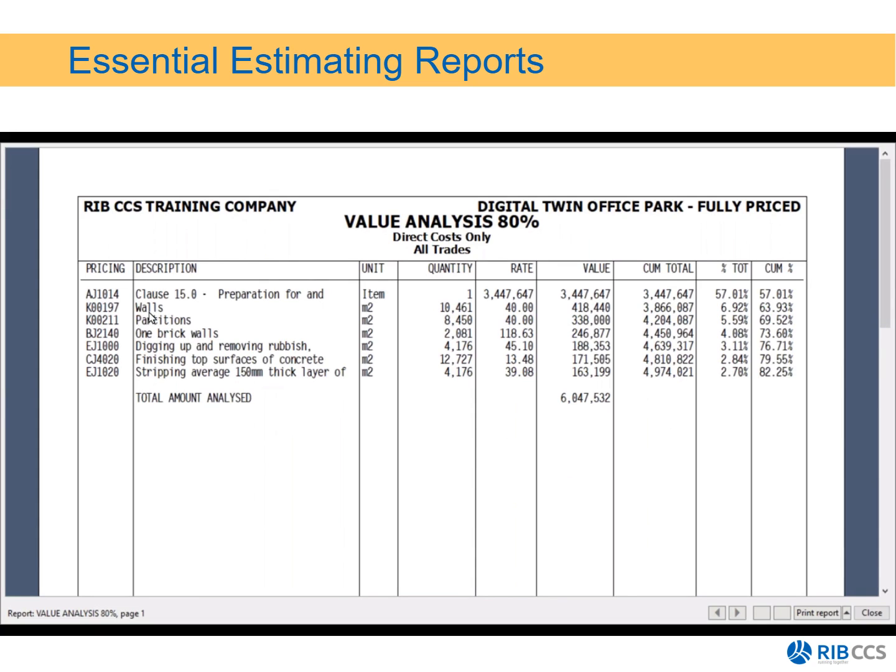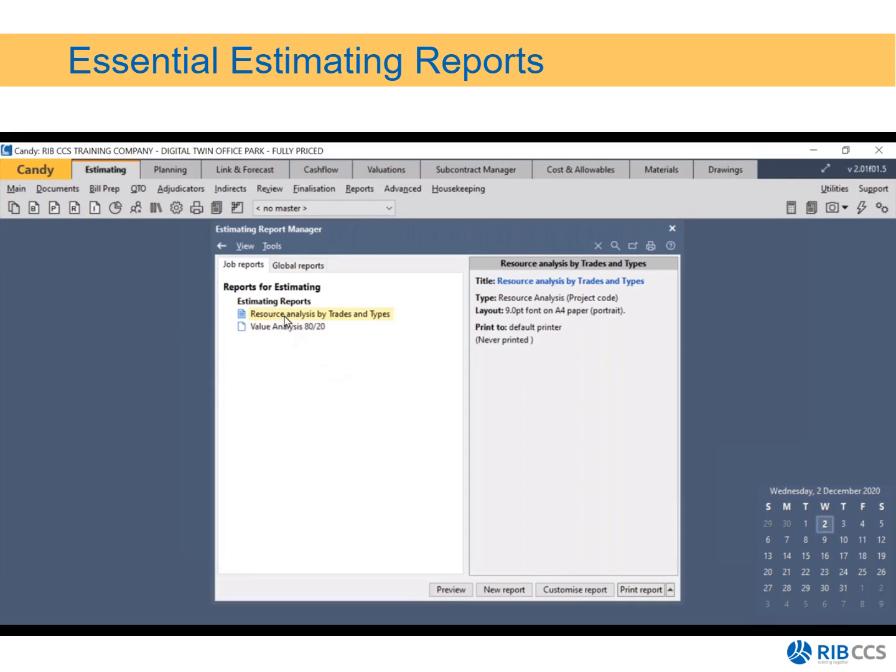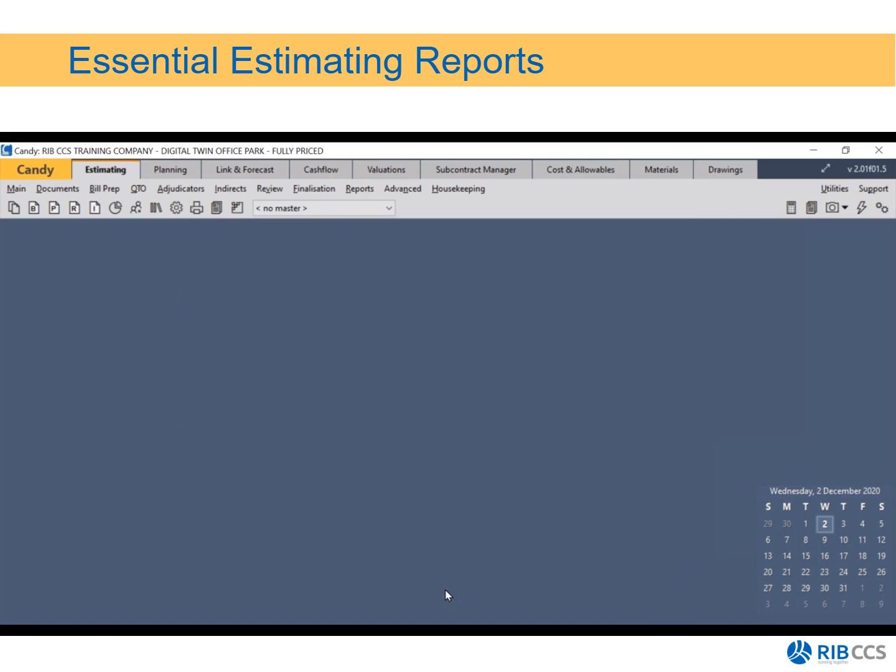If you look at the walls, it shows how many square meters, the quantity, the rate, and the percentage total. If we focus on these high value items, that means we might make money at the end of the job. The next report that we can look at is your resource analysis by trades and types. You click on it and then preview.